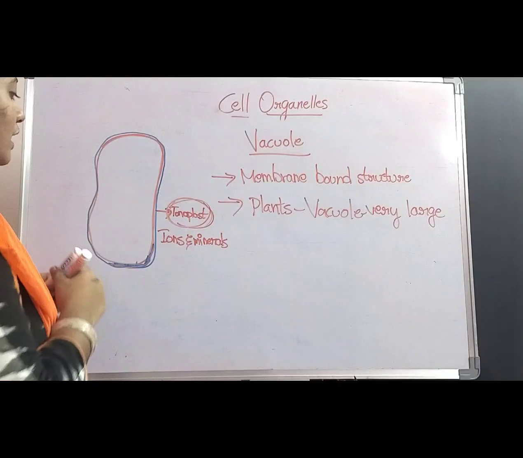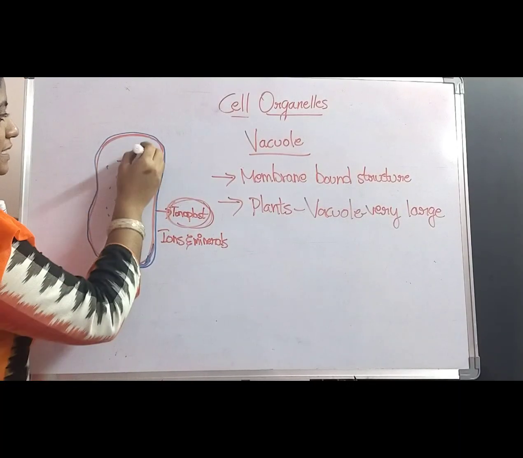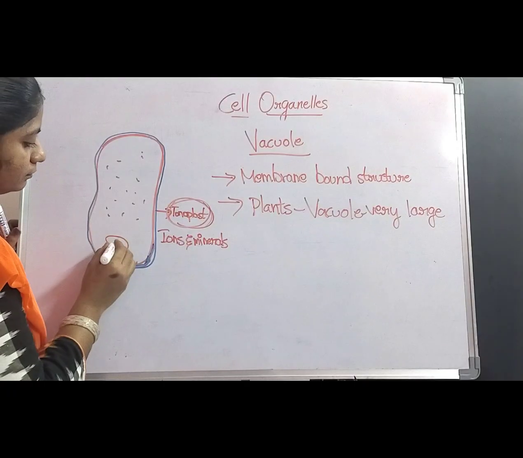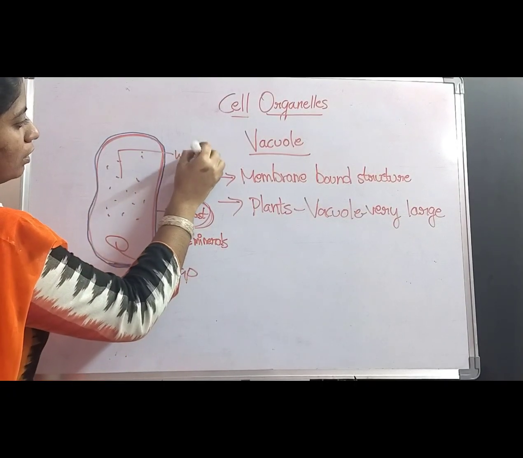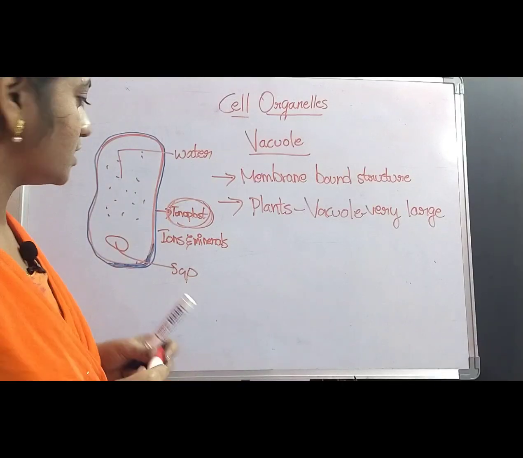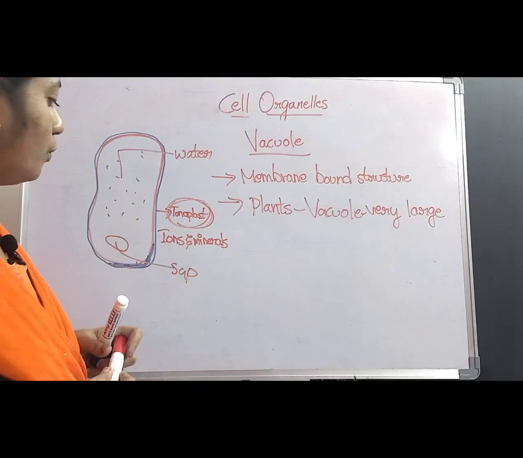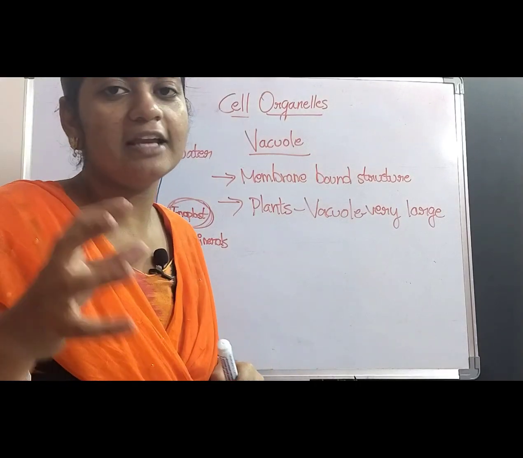What are the components that are present inside the vacuole? The vacuole contains water, sap, and also other minerals. Sap means the fluid which contains sugars and salts.